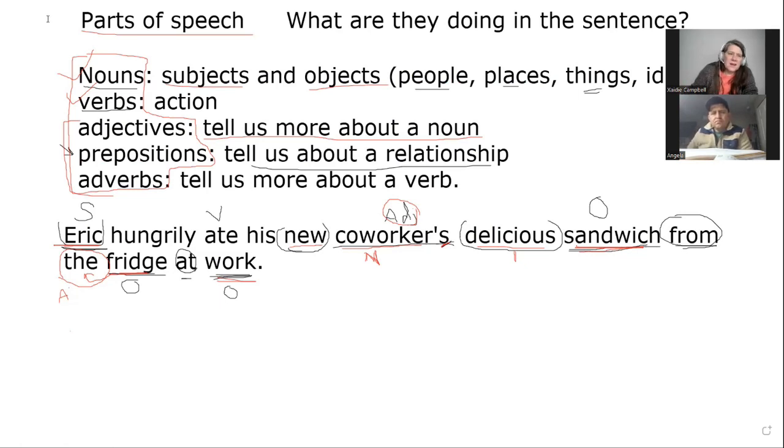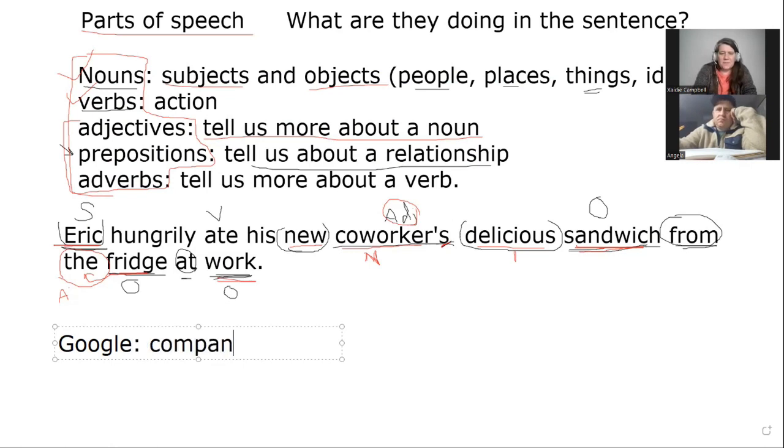Like this, we have the word Google, right? Google. That's a company. It's a service. It's a noun, right? But now I'm going to write a sentence with the word Google.